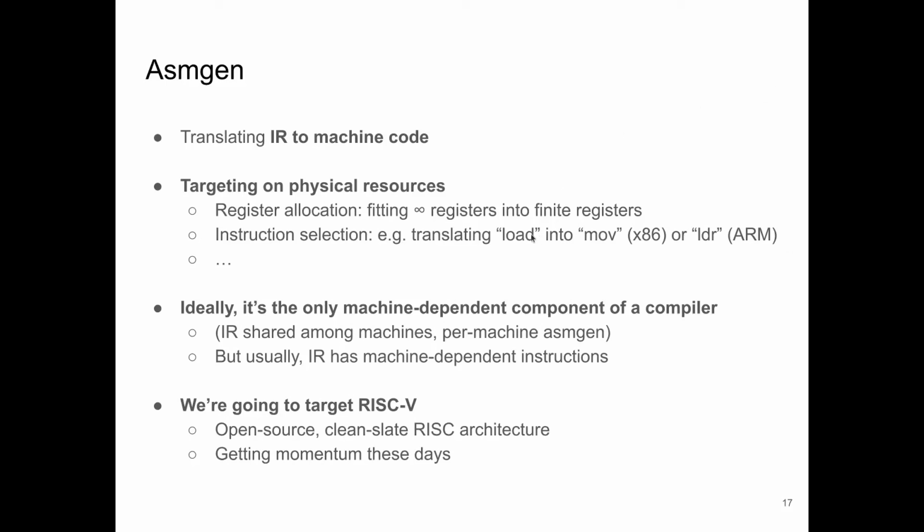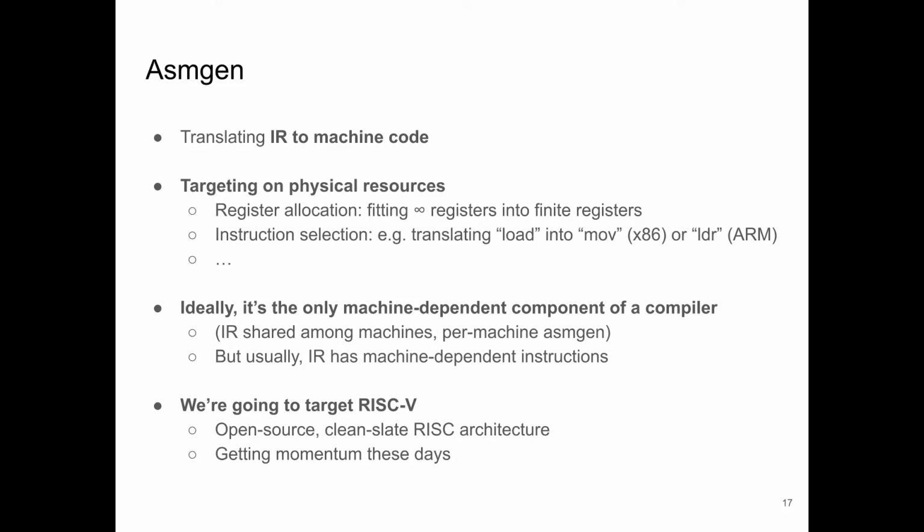For example, this load instruction that we use in the IR can be translated into the move instruction in x86 or the LDR instruction in ARM. They have different characteristics, and we have to choose which instruction to use for a particular IR instruction.